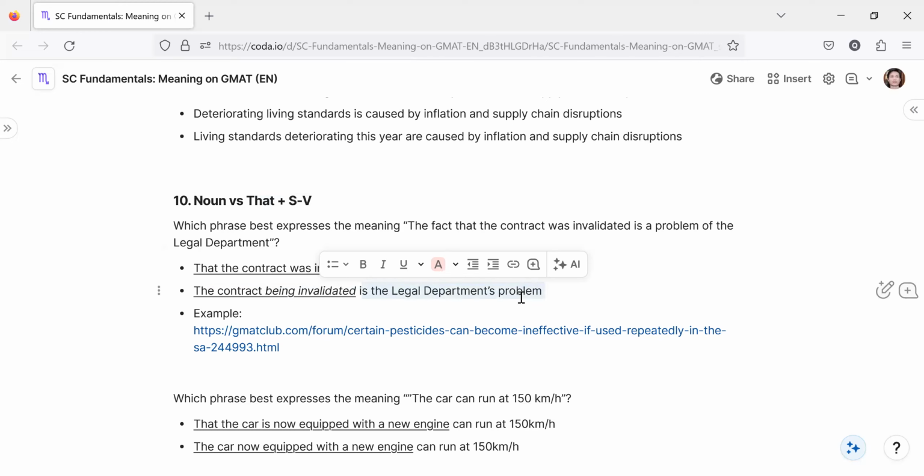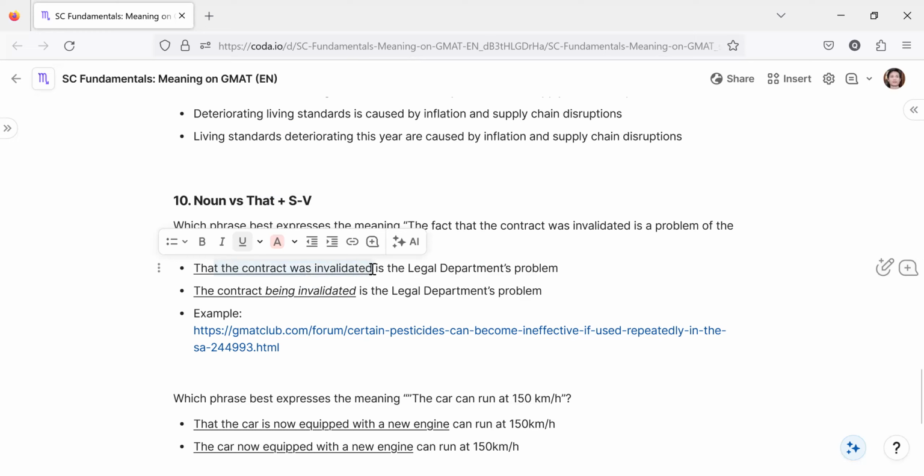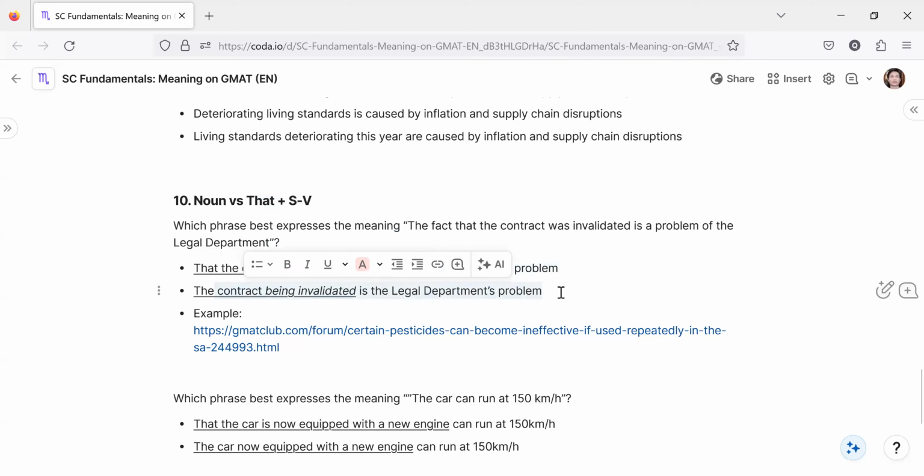If the author wants to say that this whole event, the fact that the contract got invalidated, is the legal department's problem, then the first sentence is better. It expresses that meaning more correctly than the second sentence.